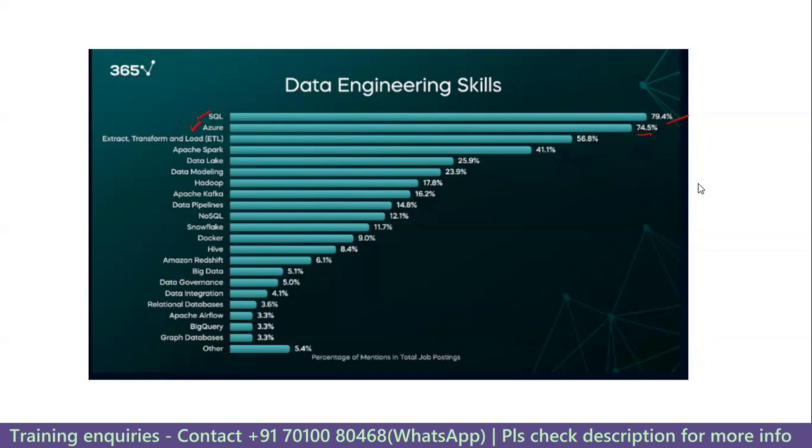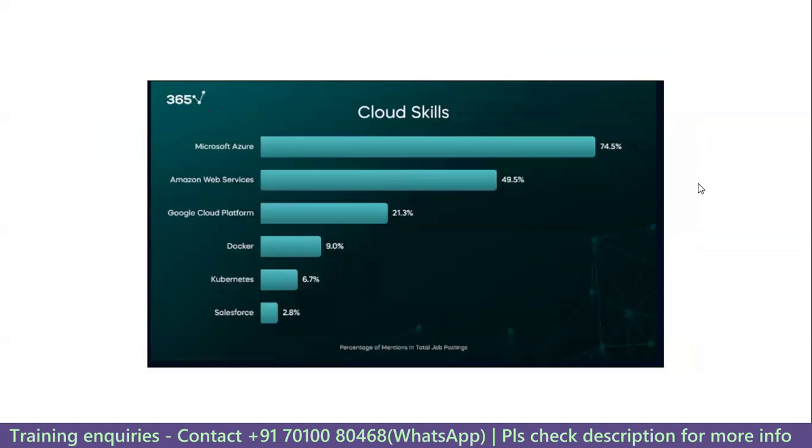All right. And not just Azure, there are other things also when it comes to cloud skills, right? All these job openings will have certain cloud skills associated with them. Azure was mentioned in 74.5% of the jobs, right? AWS was mentioned in 50% of the jobs.